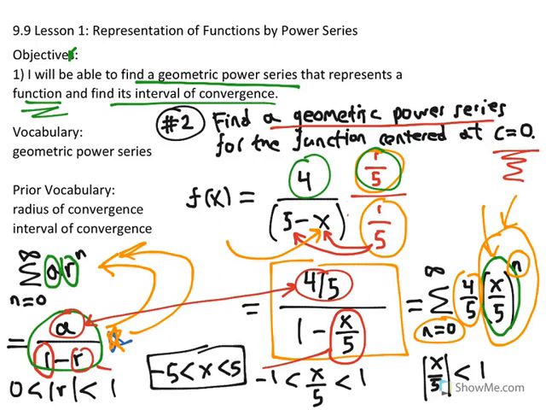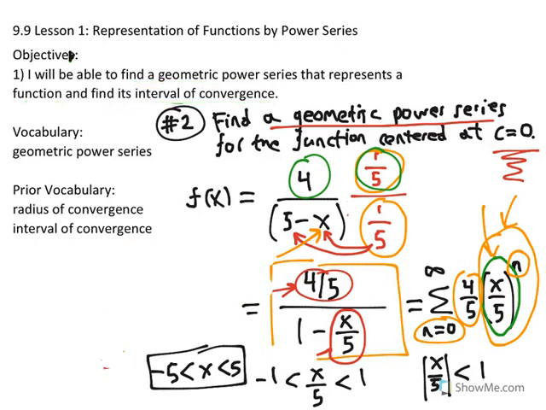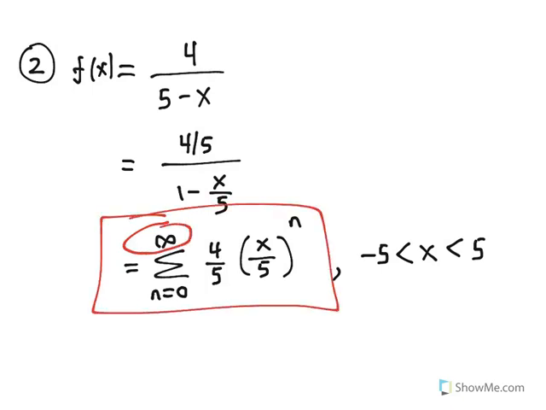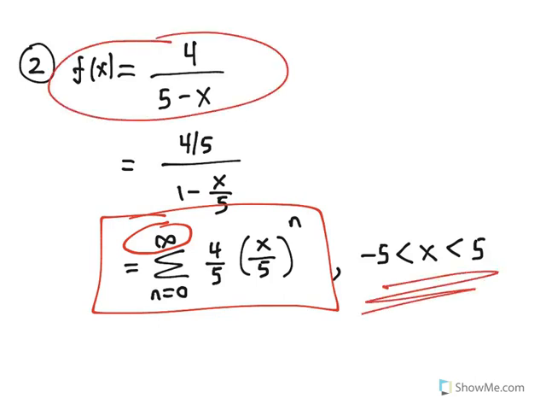So what does all this mean? This simply means that our infinite geometric power series that we have written here will be an exact representation of our function f on this interval of convergence.